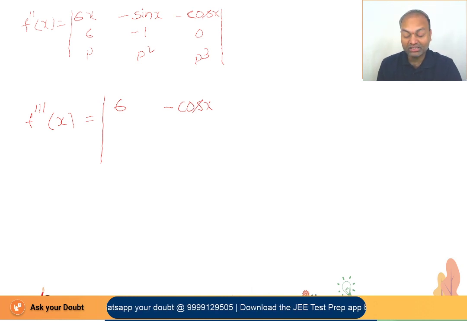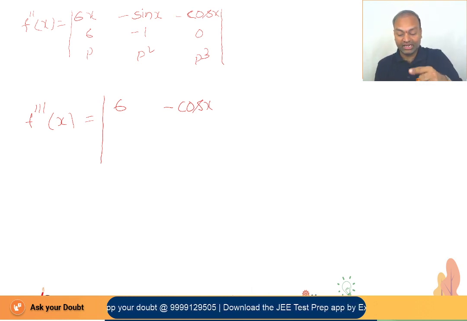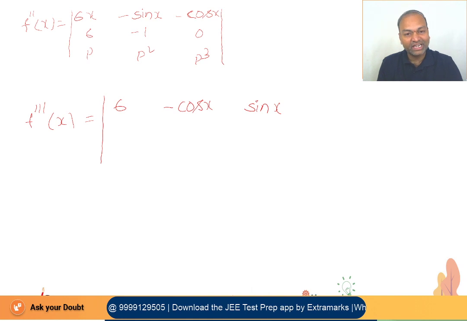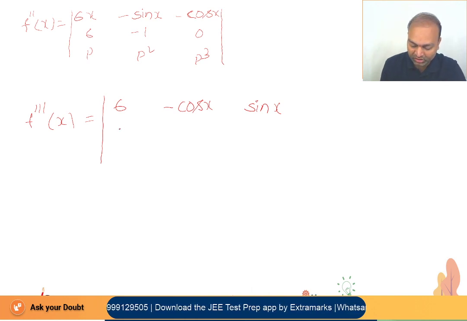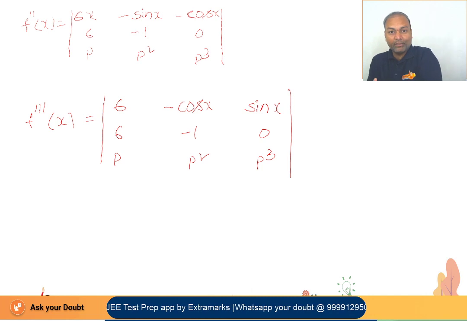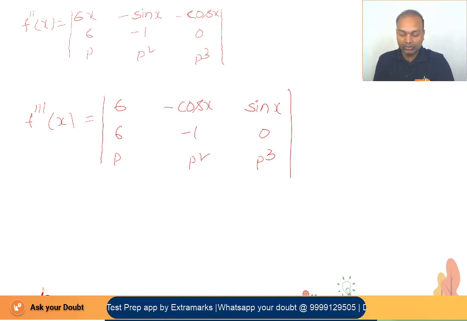Next, minus cos, the derivative is minus sin. Minus into minus, plus sin. Second row, third row as it is. Okay, 6, minus 1, 0. Third row p square, p, q. Correct or not? Second part, third part again zeros only because constants. Okay, right. So 3 times differentiation is over.